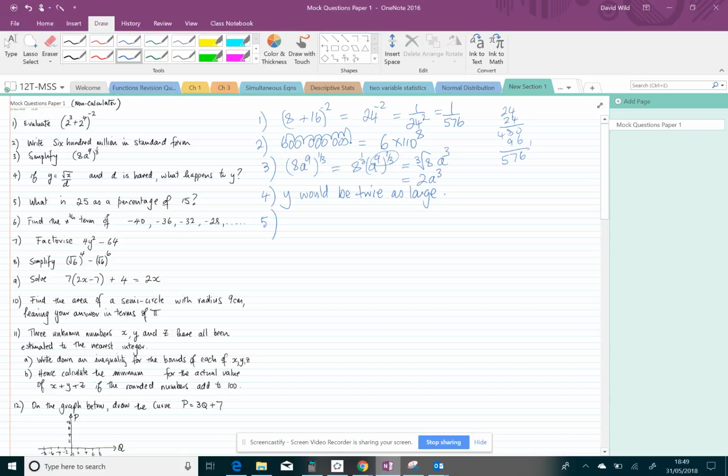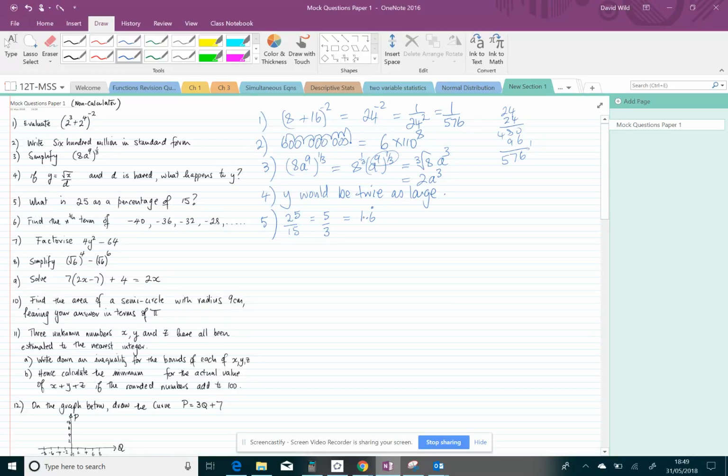Question 5. What is 25 as a percentage of 15? What we need to do here is think about 25 over 15. That's 5 over 3. So what is 5 over 3? 5 over 3 is 1.6 recurring.